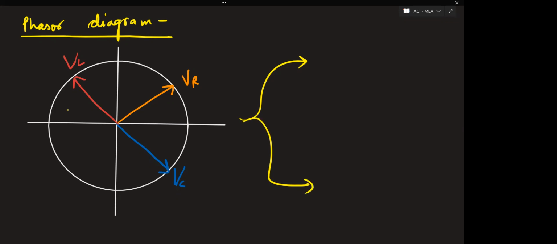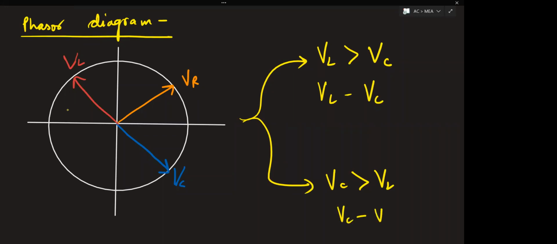It can happen that VL is greater than VC or VC is greater than VL. So when VL is greater than VC, consider VL minus VC. If VC is greater than VL, then VC minus VL will be taken. Otherwise, one of the answers will come out negative. So you can directly avoid the negative; whichever quantity is greater, use that.